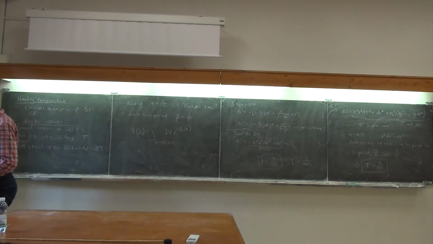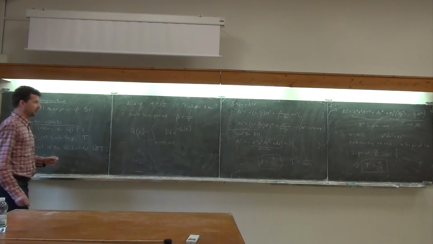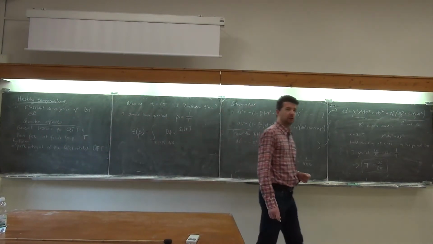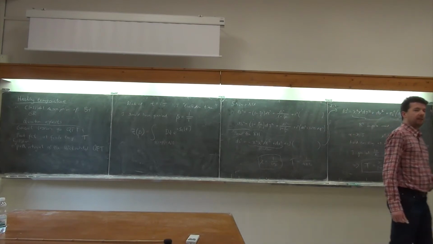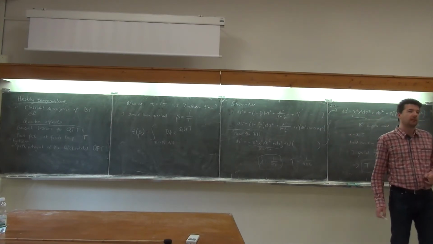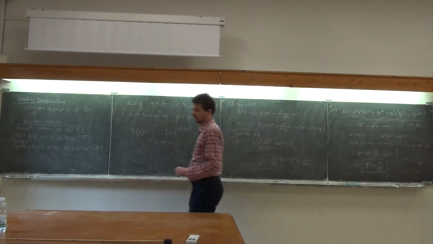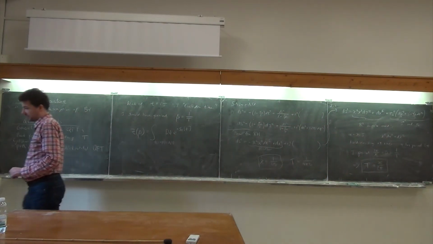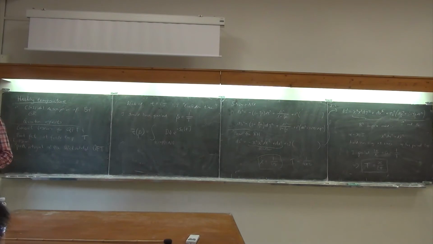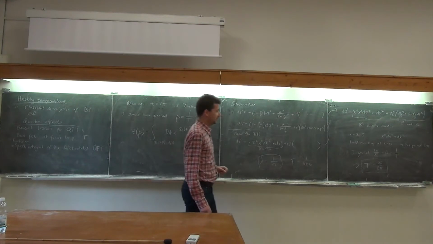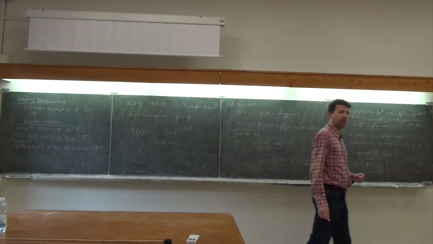No, but I sort of agree with you in the sense that it's not all metrics you can actually do this for. I think for now the best way to think of this is that this is a nice direct way to understand why black holes should have a temperature.